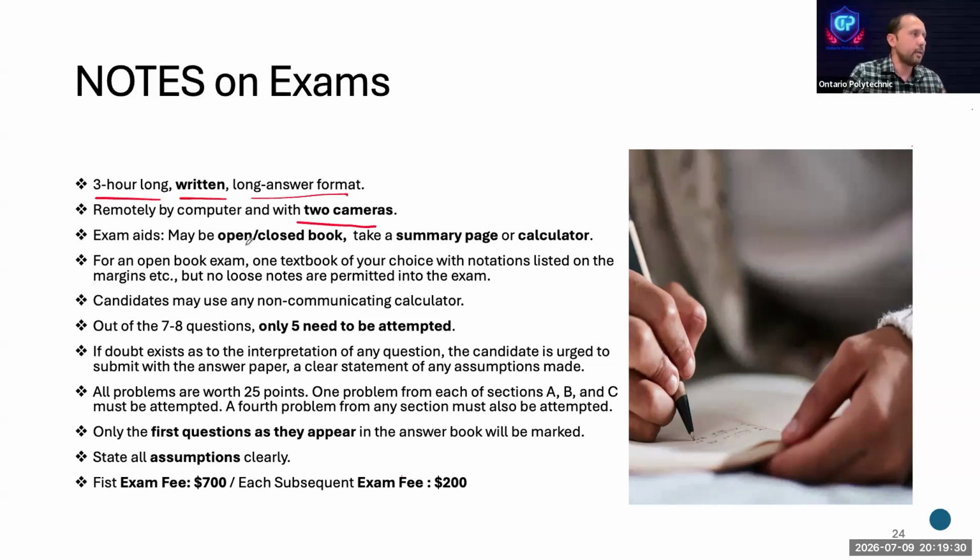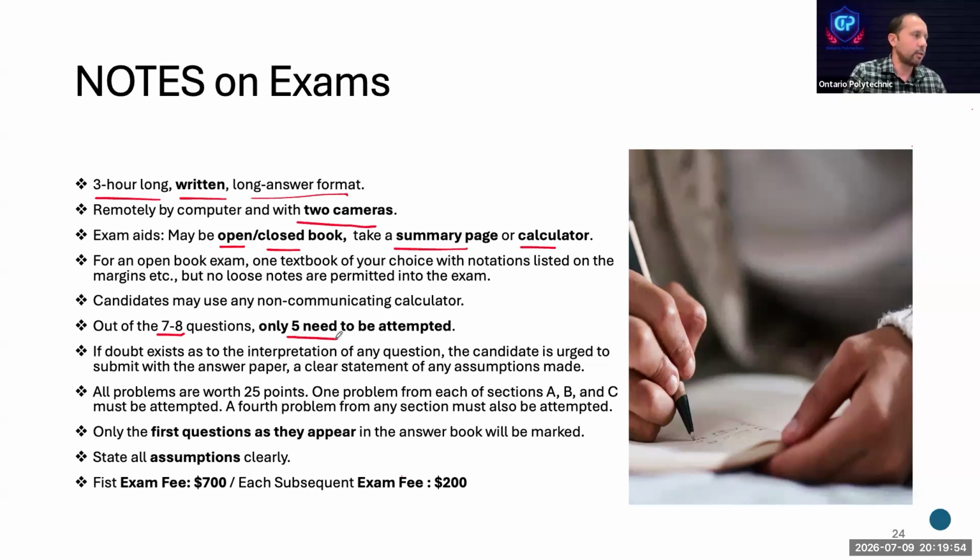Depending on the exam, some of them are open book, some are closed. For some, you can take a cheat sheet or summary page. Some exams you can take a calculator. So it depends, and we have a list of them, and we can share it with you. They usually assign you 7 to 8 questions. You should only answer 5 of them.